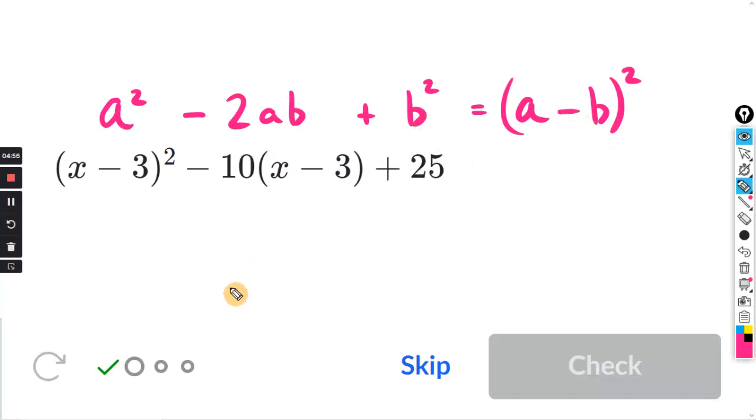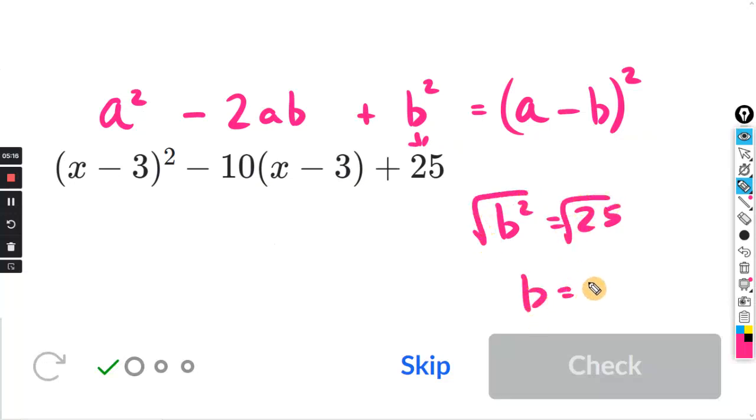All right. And just to make sure that it matches, the b squared is clearly positive 25. All right, and if you took the square root of both sides, the value of b would just be 5.